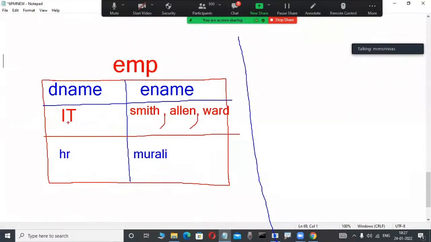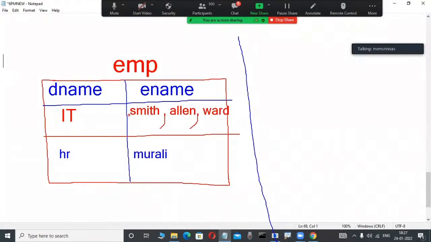What is that? In this table, this is a cell, this is another cell, this is another cell. But every cell has a single value. Suppose here IT is a single value, there is no problem. HR is a single value, there is no problem. Murali is a single value, there is no problem. Data in each column should be atomic. That is a rule. There are no multiple values separated with commas.